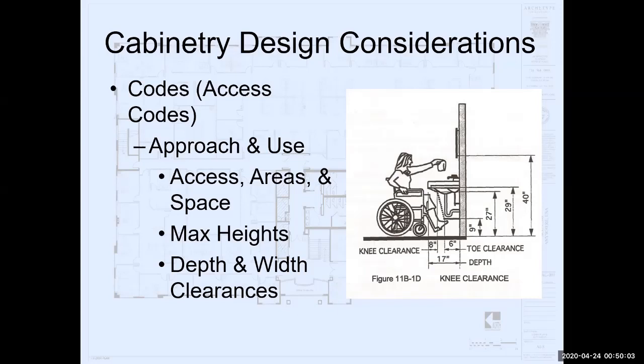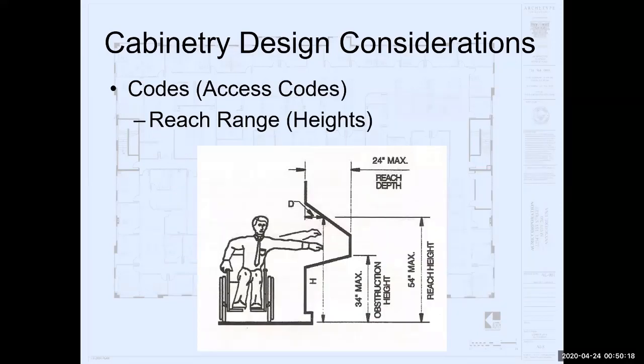So some of these things you just need to inform yourself about, but I understand there are applications, and each of these are significant, especially given the cost of cabinetry. We want to make sure that our work is done correctly. And that has to do with side reach. There are front approach and side reach approaches that need to be considered.